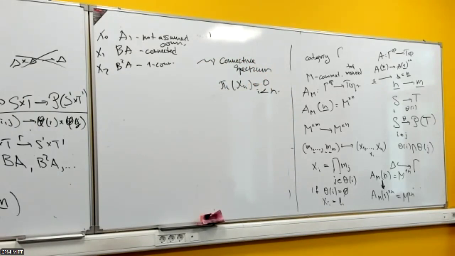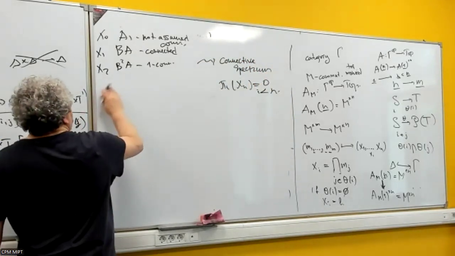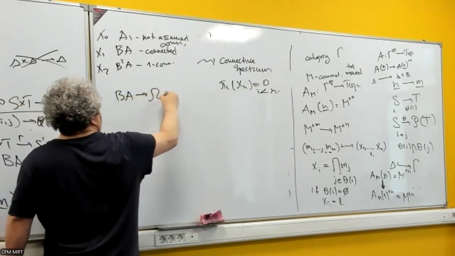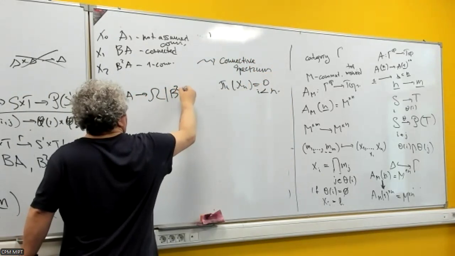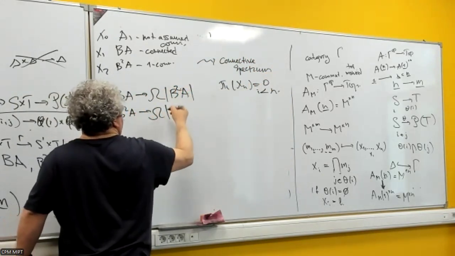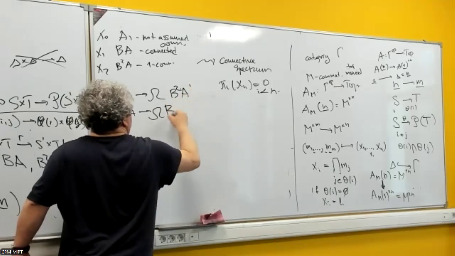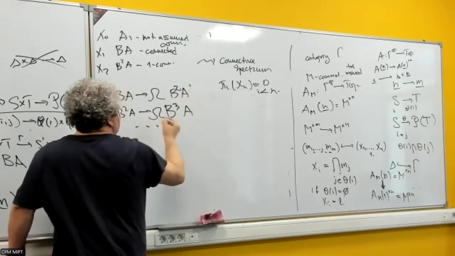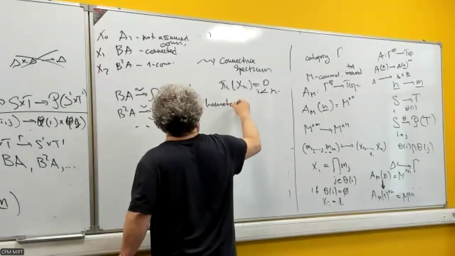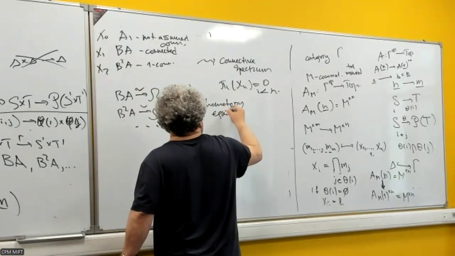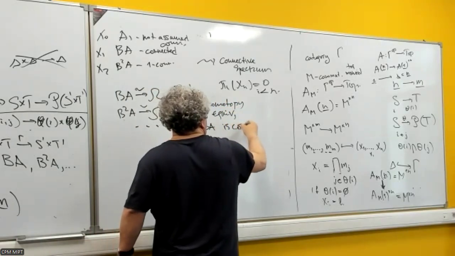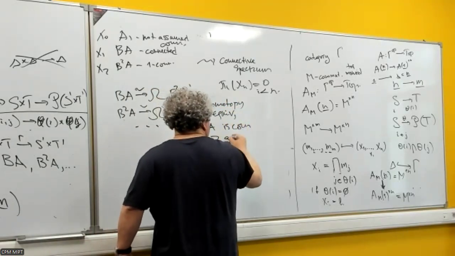Also, if A is group-like, the maps from BA to omega B square A, and B square A to omega B cube A, and so on, are always homotopy equivalences from this technical Segal statement, because BA is connected and therefore it's group-like, right?